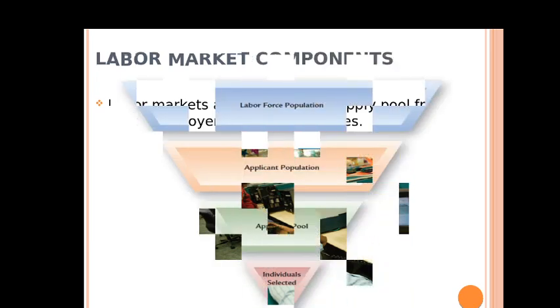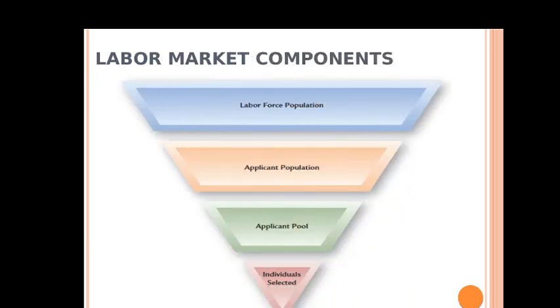To understand where recruiting takes place, one can perhaps think of the sources of employees as a funnel. As you can see there, it's a funnel, an inverted pyramid, in which we can think of screening and all of that.